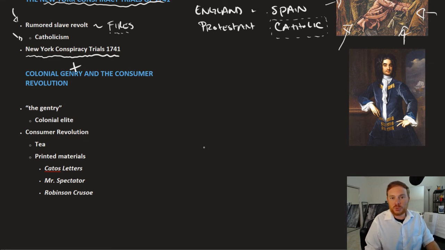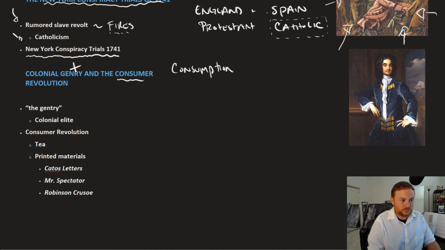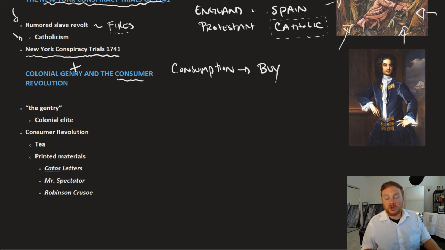Consumer or consumption means to buy. And in the colonies, you did have enough of a class that could engage in buying finished products from Europe and the transatlantic world, that you had the distinction of what we call a gentry or a colonial elite.